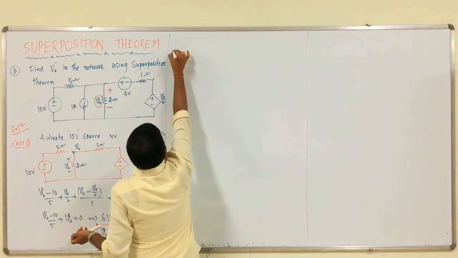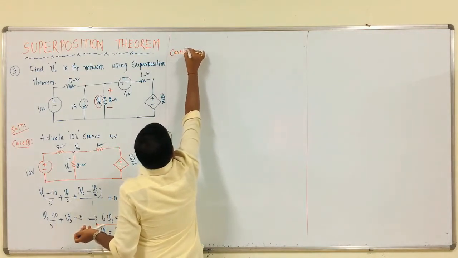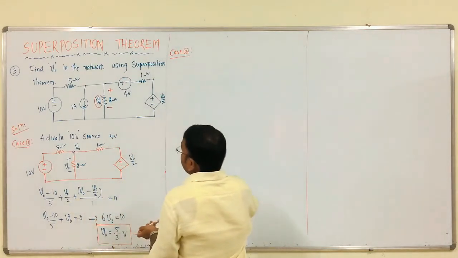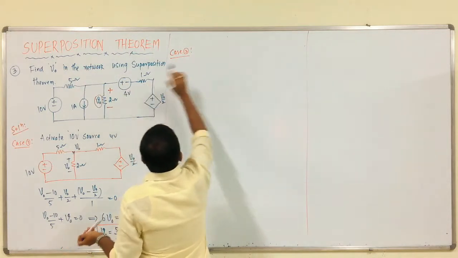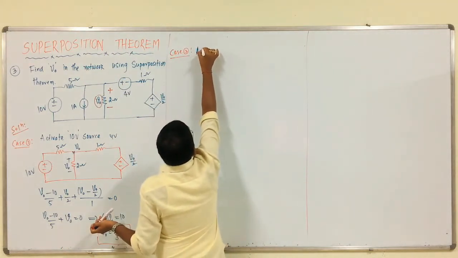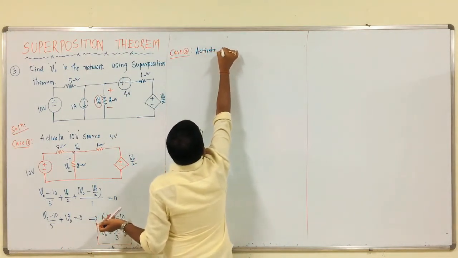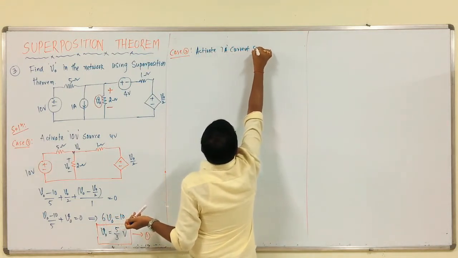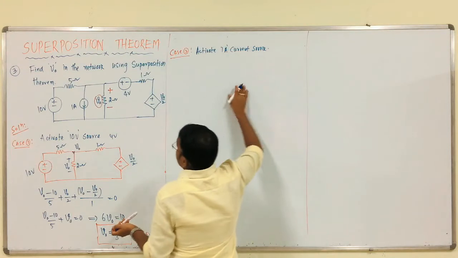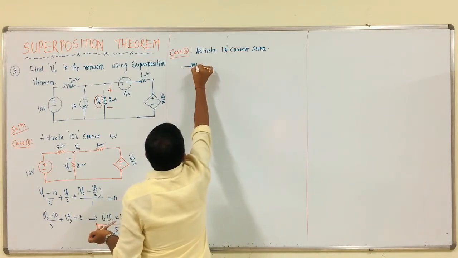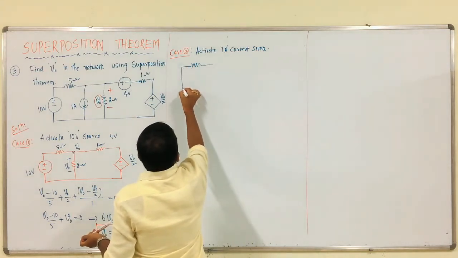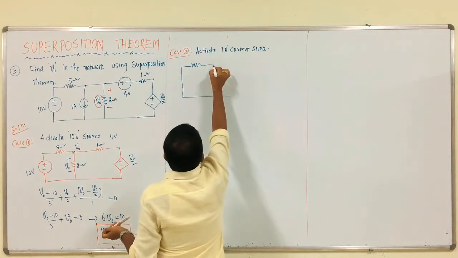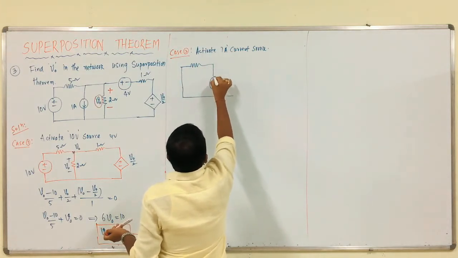Then case 2. Activate the 1 ampere current source. Then the circuit becomes, this is short circuited, this is the 1 ampere current source.